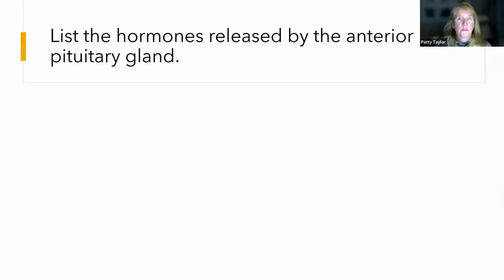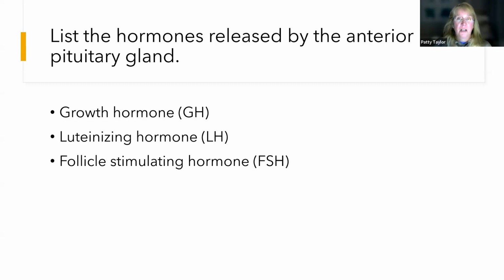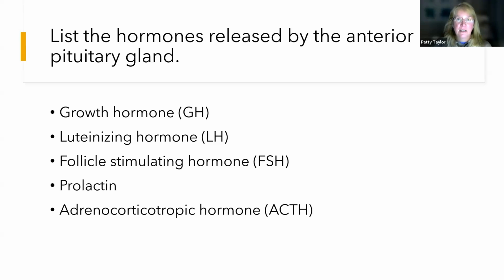All right, so there are 6 hormones that we just discussed being released by the anterior pituitary. So can you remember what they are? All right, growth hormone, luteinizing hormone, follicle stimulating hormone, prolactin, ACTH. That's a lot easier than saying adrenocorticotropic hormone.